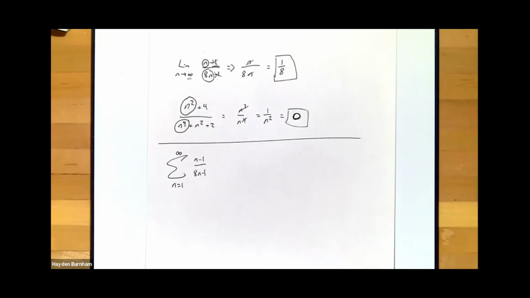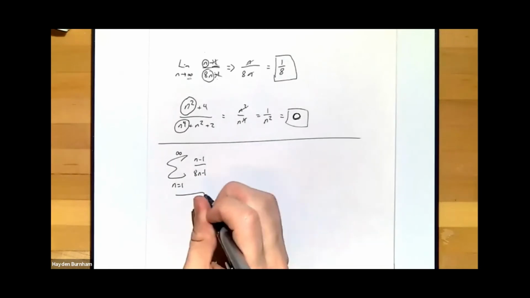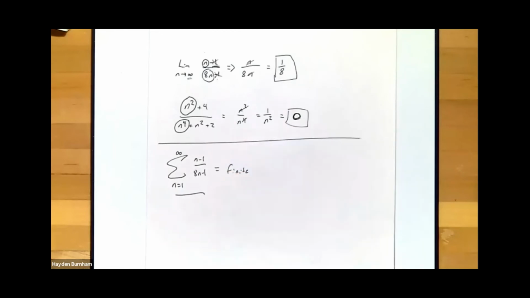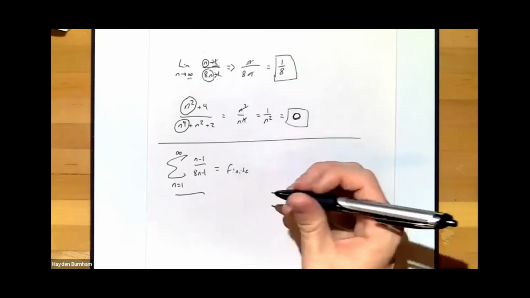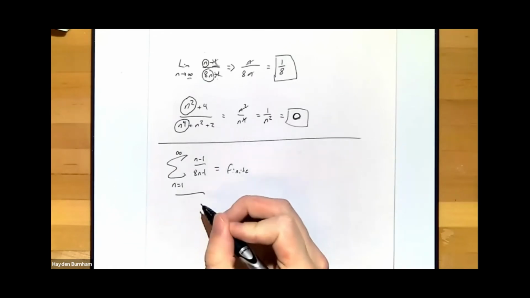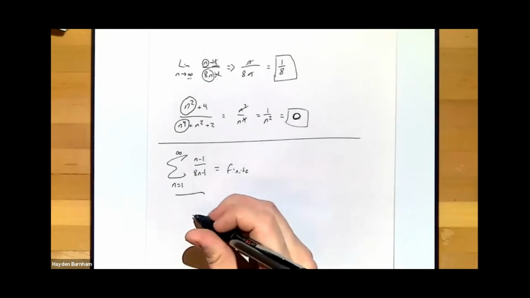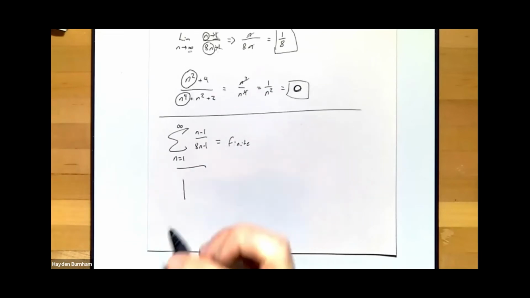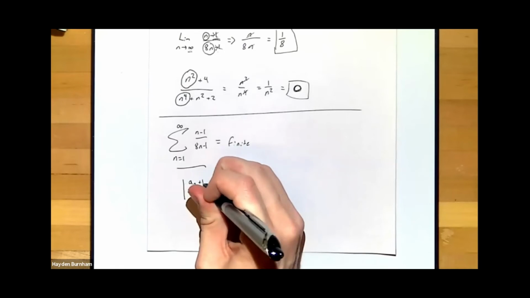Convergent means that this whole thing is going to equal a finite number. If it's divergent, that means it's going to be infinite, or it's not going to exist. So let's test with the divergence test. I didn't write down the name of this test, but I'm sure you'll know as soon as I write it.